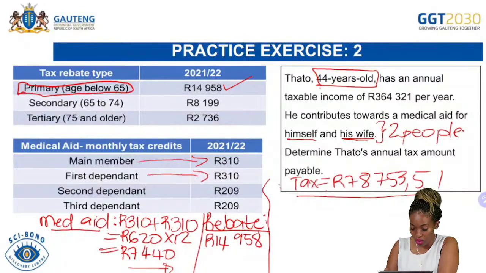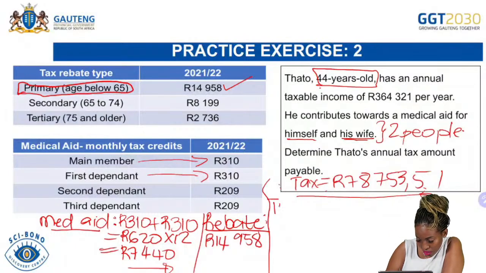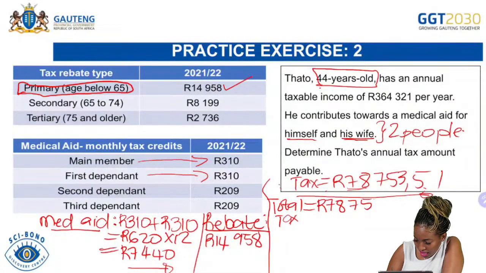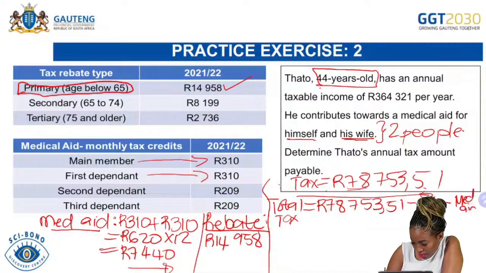Now, when we calculate the total tax now, the total tax is gonna be this amount, the 78,000 that we calculated, 78,753 and 51, minus rebate, minus medical aid.